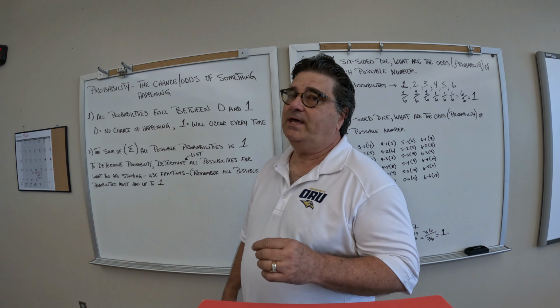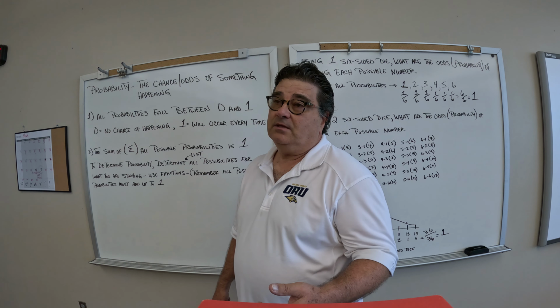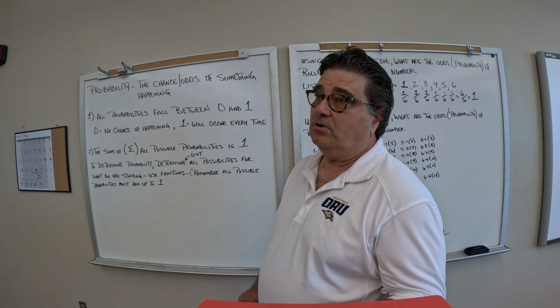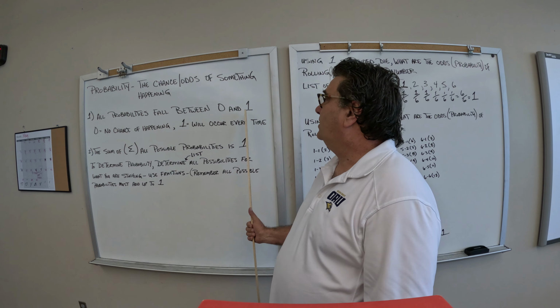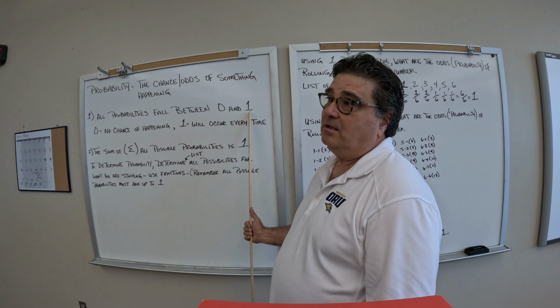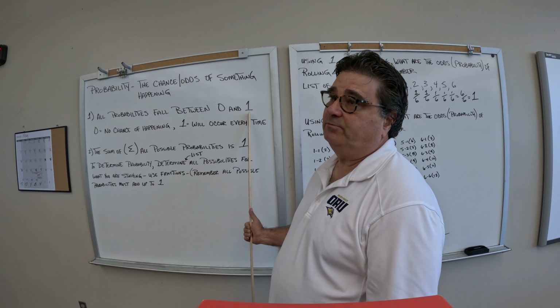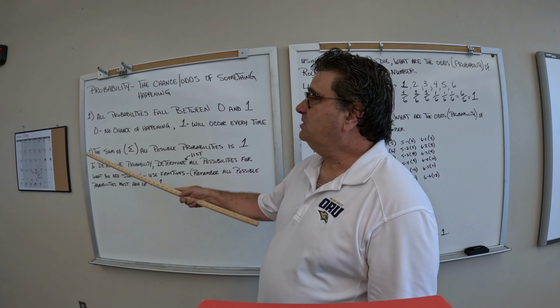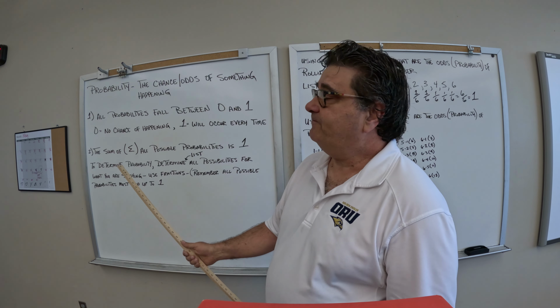If you have a two-headed coin, the odds of flipping a tail are 0 out of 1 because it's not possible. But also with that two-headed coin, the odds of flipping a head are 1 out of 1. It's going to happen every time because that's the only possibility that there is. So 0 is no chance of happening, and 1 it's going to occur every time.